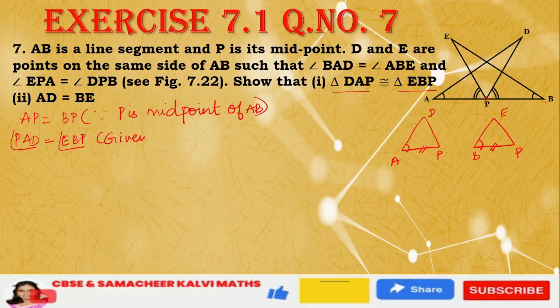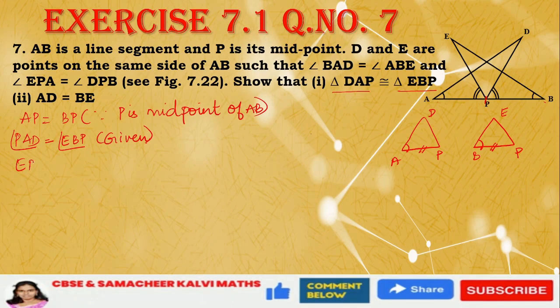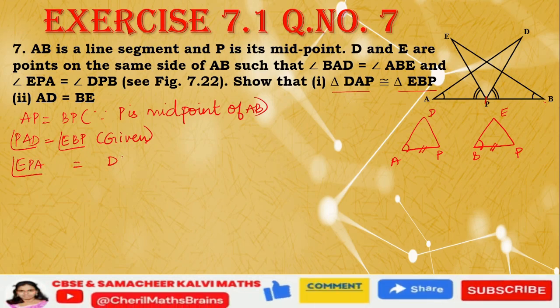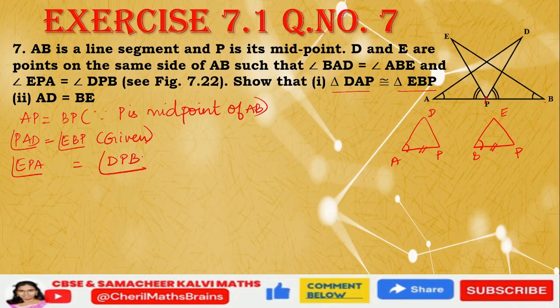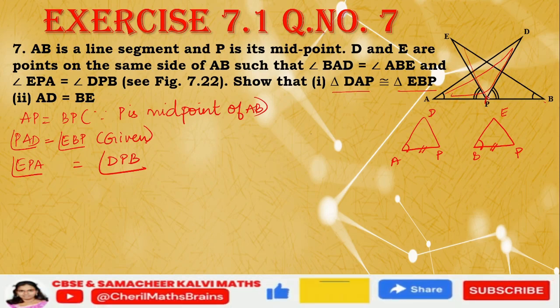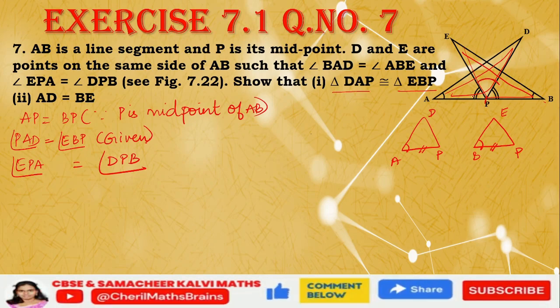Now we are given that APE, or EPA, is equal to DPB. From this diagram we can see that this is the first triangle which you have taken and this is the second triangle. In both these triangles we can see that this is one common angle.